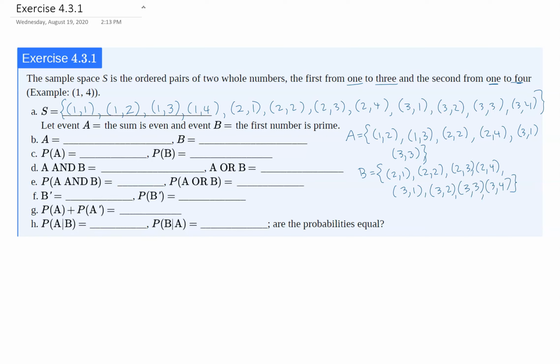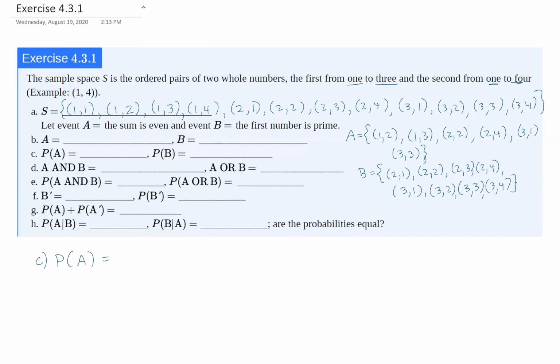Okay? Our events, A and B. And then part C asks us, what's the probability of A occurring? If we were to put these ordered pairs in a hat and draw one out, what's the probability we get an outcome that's sitting in event A?